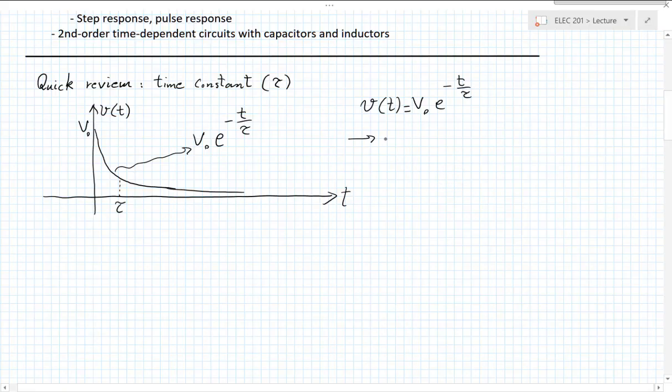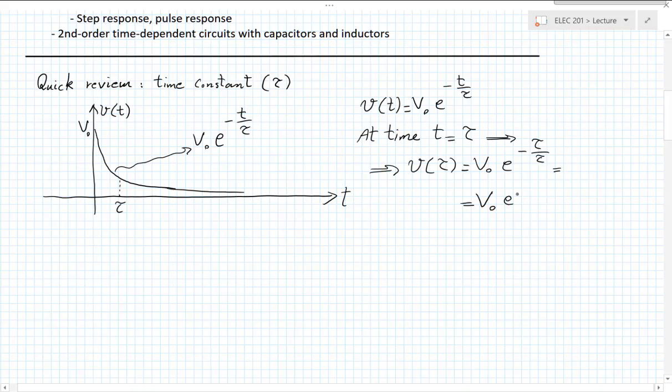So at time t equal tau, what you have is v of tau, which is V naught e to the minus tau over tau, which is V naught e to the minus 1. e to the minus 1 is 1 over 2.7-ish, so that's 0.36, actually closer to 0.37, 0.367.